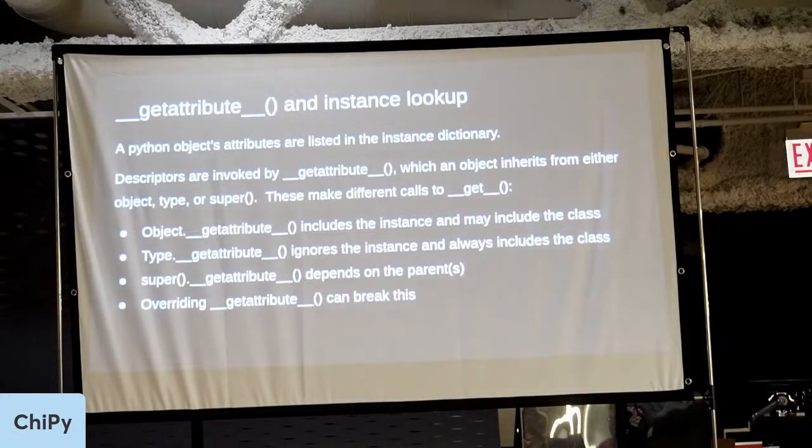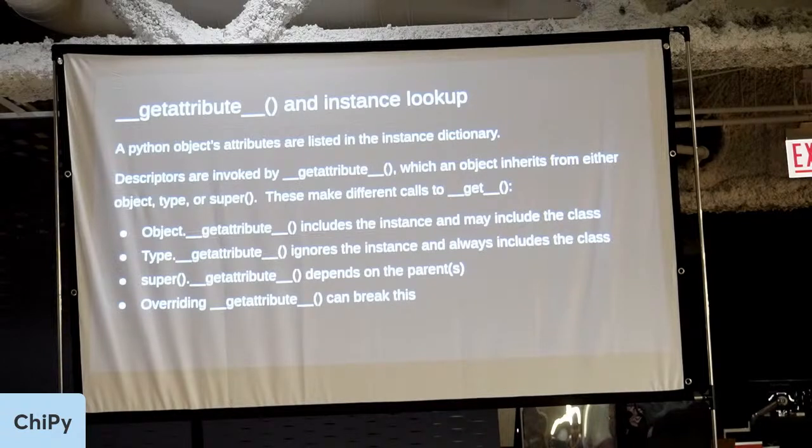So Python objects have an instance dictionary, and the dictionary contains a list of names and the object's attributes. And when you retrieve something from the instance dictionary, you're essentially calling __getattribute__. The way this behaves depends on whether __getattribute__ is inherited from object or type.